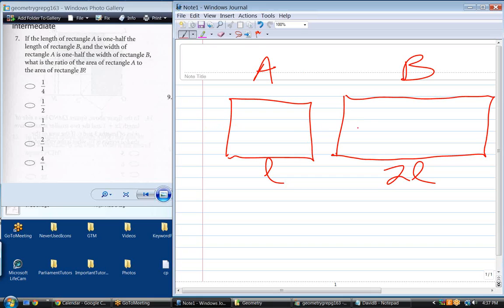So how can I label the widths? In other words, if I label that one W, how big is this one? 2W. And it doesn't matter that I haven't drawn them accurately.